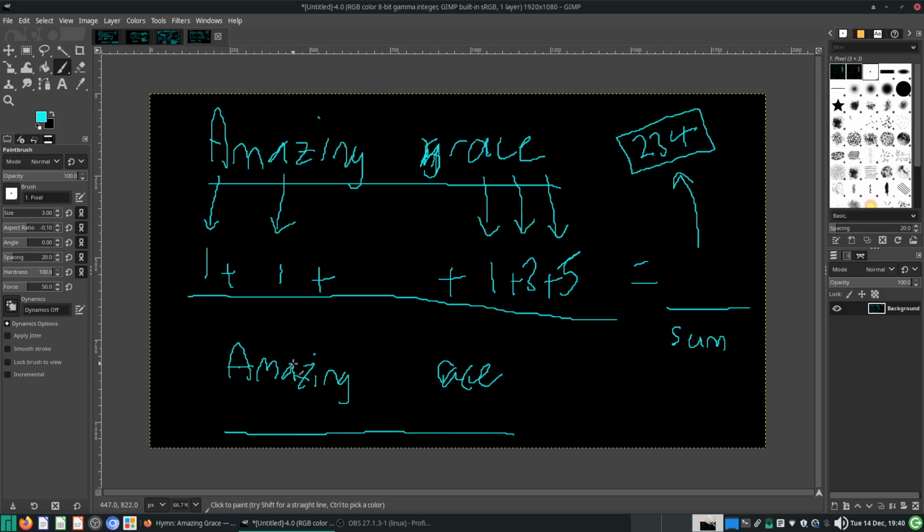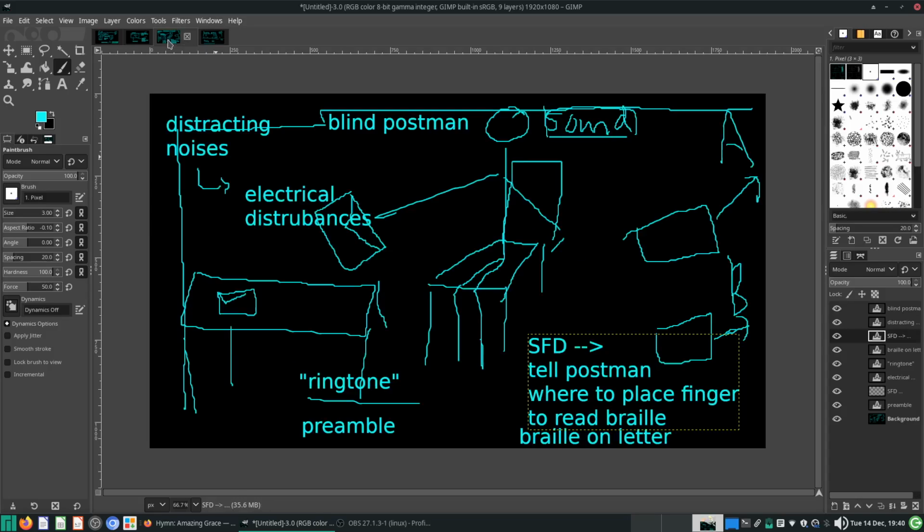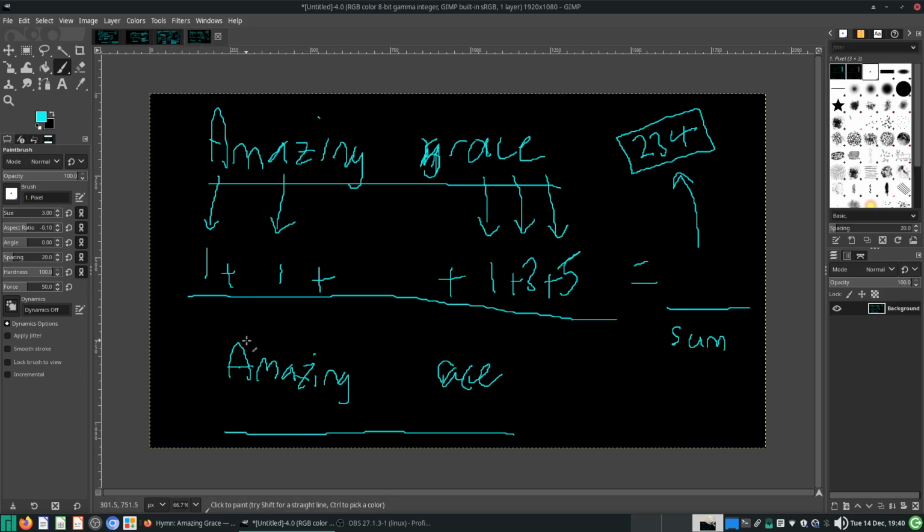So what the computer will do, or what the postman ought to do when he reads your letters to check if it's corrupted, is read your letters, and you see A, M, A, and so on, and then you see this Race. Then you repeat the process of adding all these numbers up, and you will see that this number is not 234. Maybe it's 229.